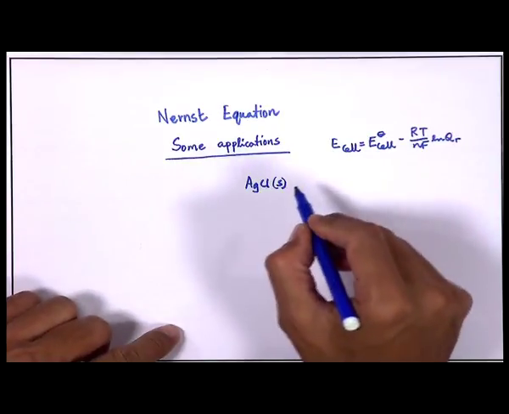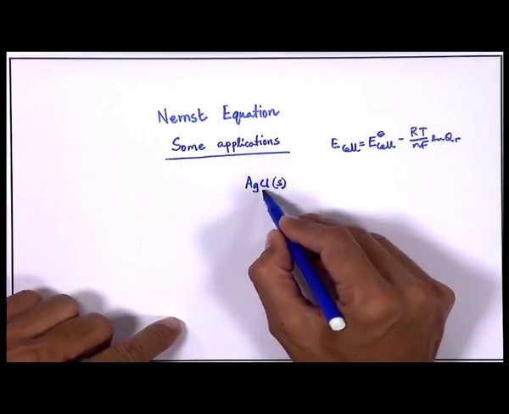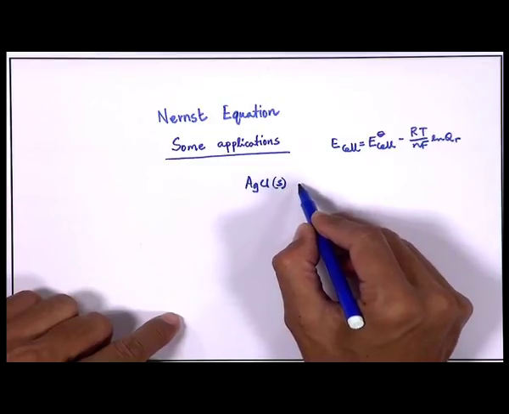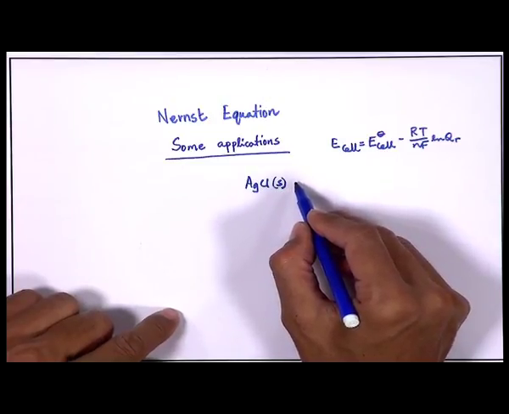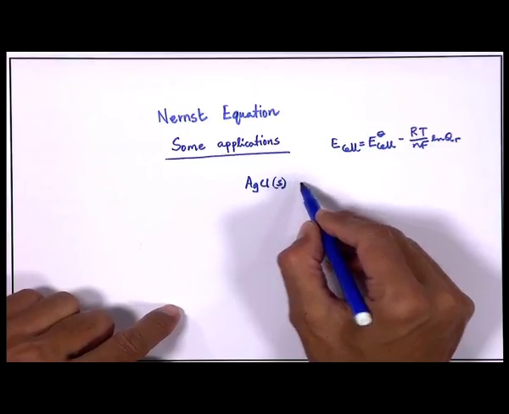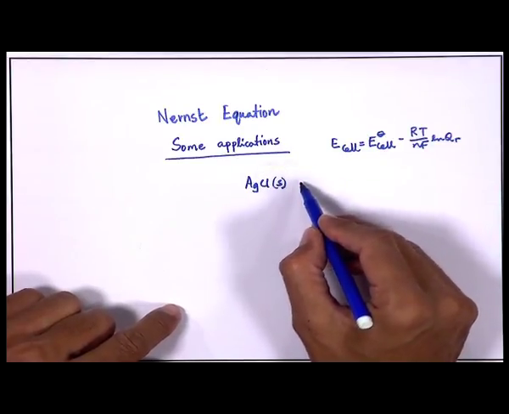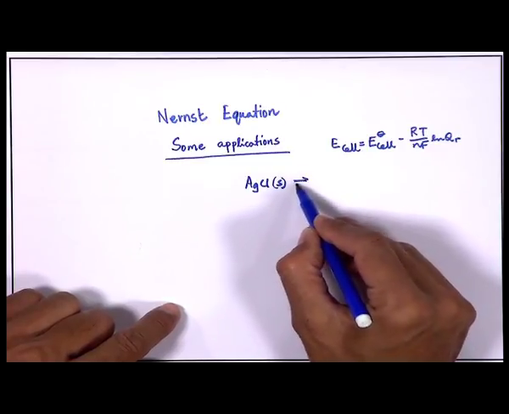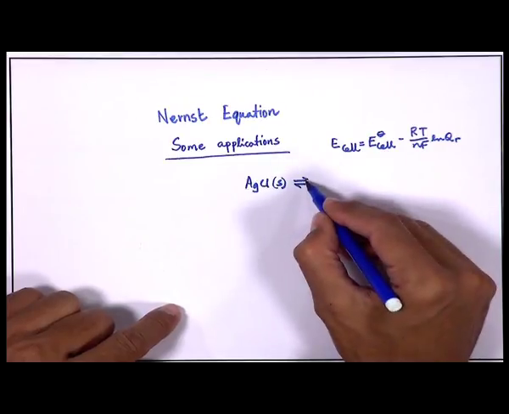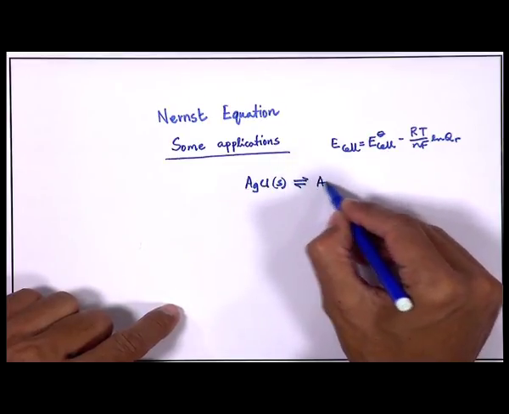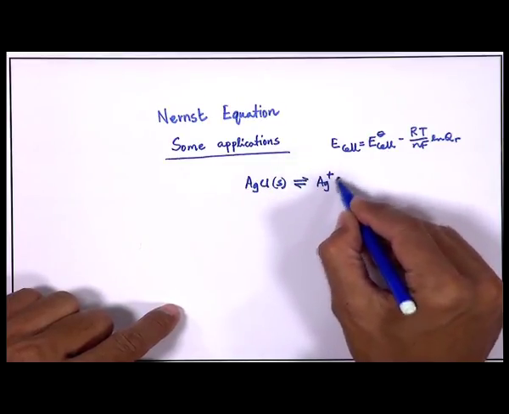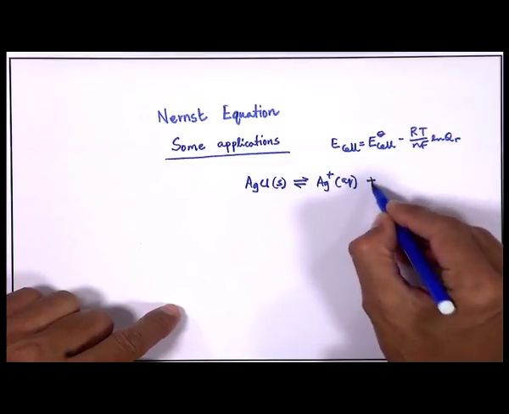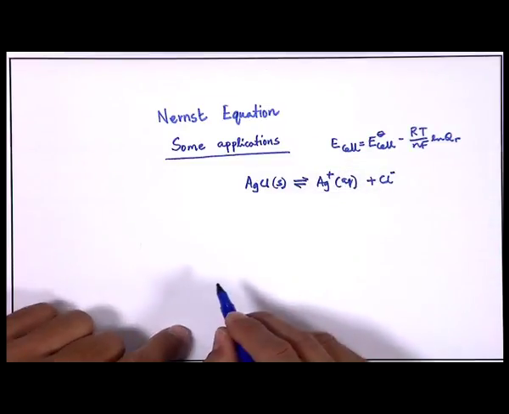So, what happens when you add silver chloride crystals in water is that it produces a saturated solution of silver chloride, where whatever amount of silver chloride goes into solution does so through this equilibrium, Ag plus and Cl minus.